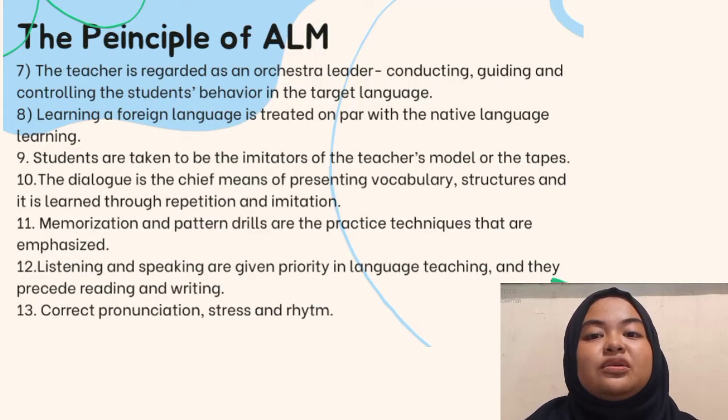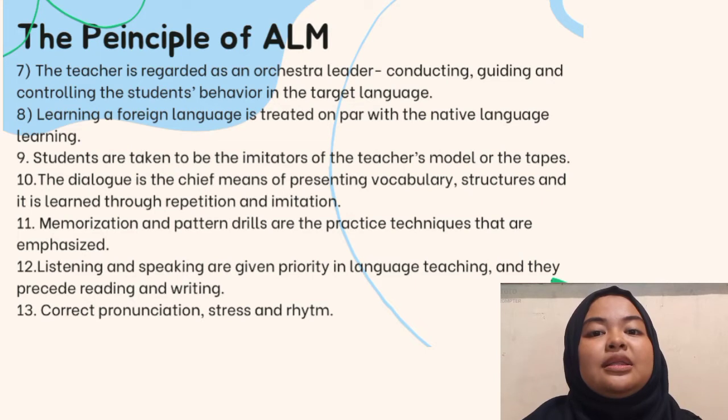Seven, the teacher is regarded as an orchestra leader, conducting, guiding, and controlling the students' behavior in the target language. Eight, learning a foreign language is treated on a par with native language learning. Nine, students are taken to be imitators of the teacher's models.